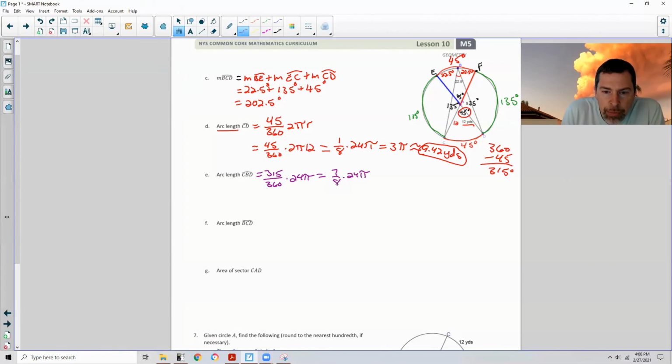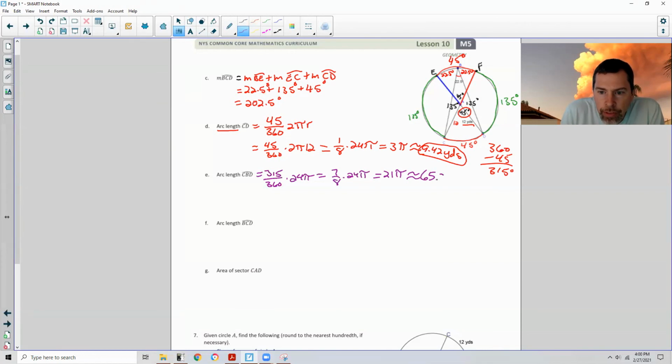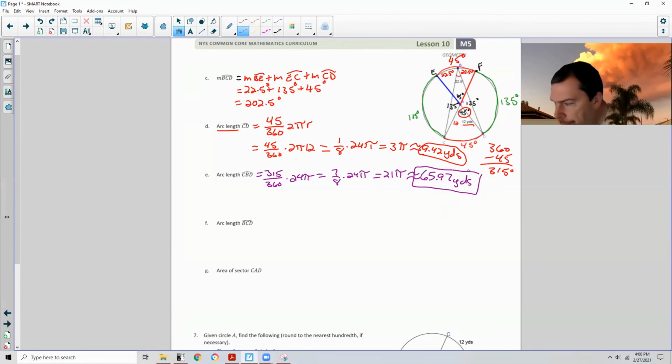Well, 24 divided by 8 is 3 times 7 is 21 pi. Well, the exact is 21 pi. The approximation will be 65.97 yards. Okay, so that's the arc length all the way around the other way.